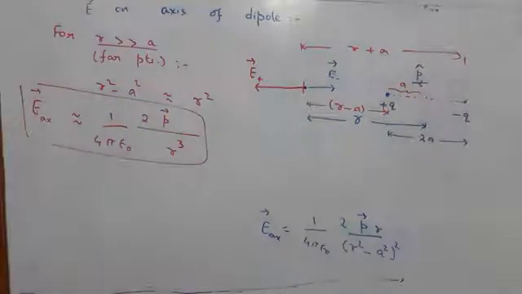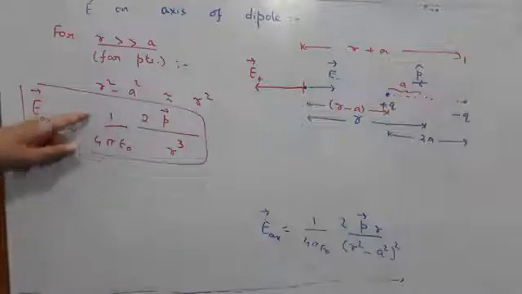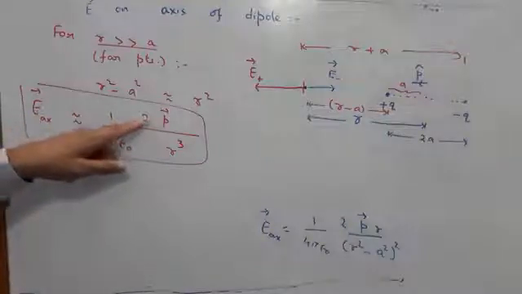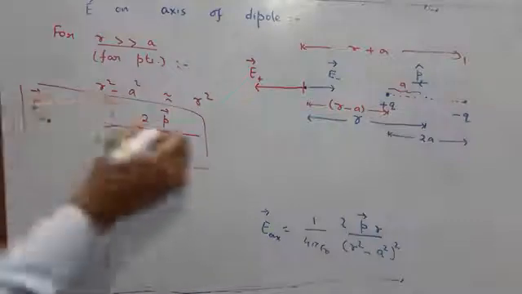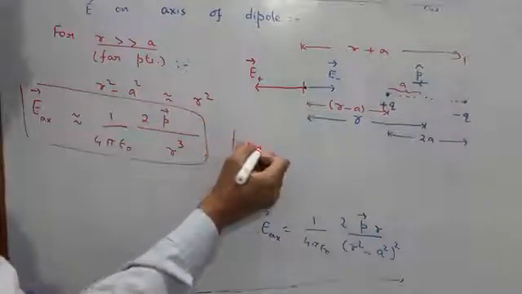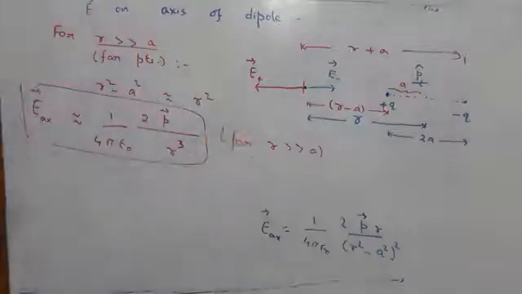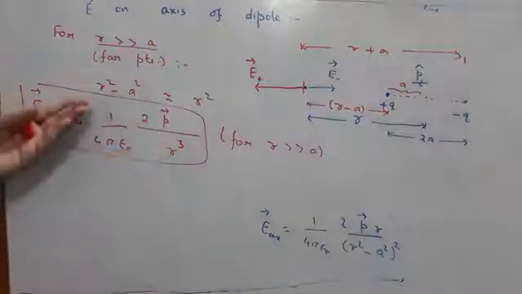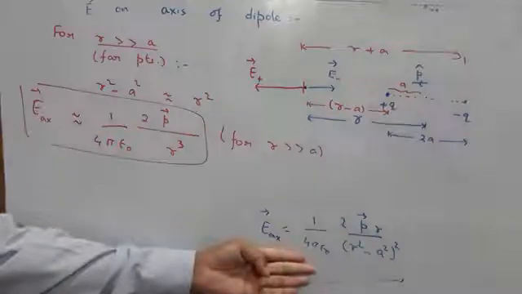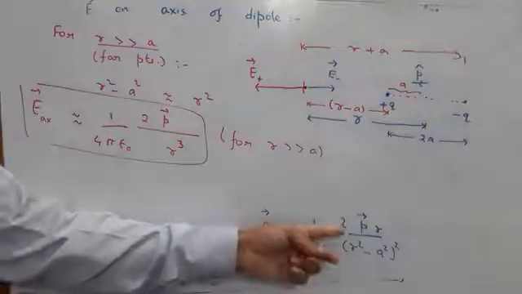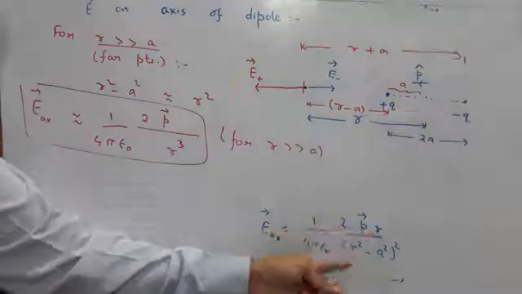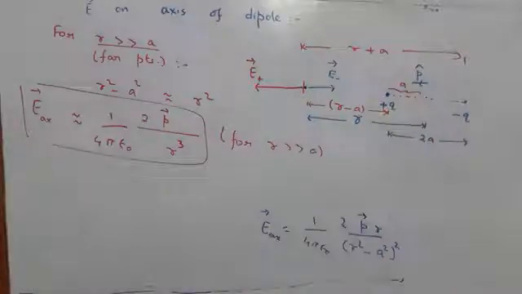On the axis, the electric field for a dipole is given by 1 by 4 pi epsilon naught 2 p vector by r cube, and you must remember that this formula is valid only for r very, very large compared to a. If r is not very large compared to a, this is your answer: 1 by 4 pi epsilon naught twice of p vector times r by r square minus a square whole square.